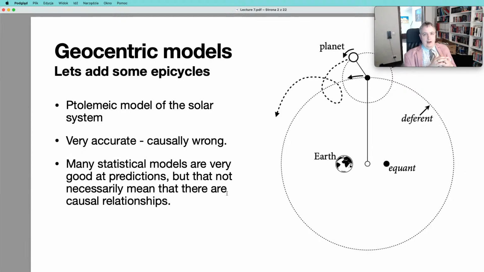However, in those times, they saw that a circular orbit does not work, so maybe an epicyclical orbit works. What is an epicycle? Instead of movement on a circle, we move an additional circle on a circle.